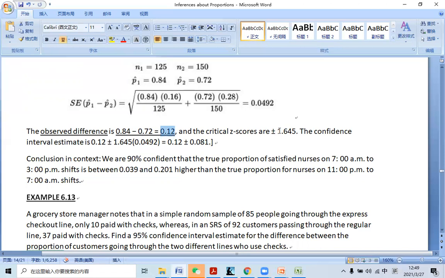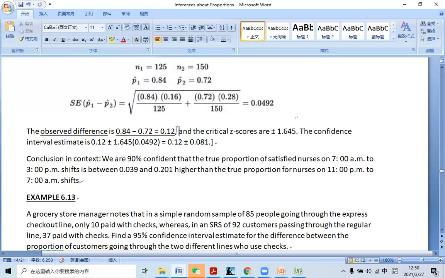What you are missing is the standard deviation. You want 1.645 standard deviations above the mean or below the mean. You have the mean, it's 12% difference on average. There's a 12% difference between the night shift and day shift in satisfaction. And you just need the standard deviation.